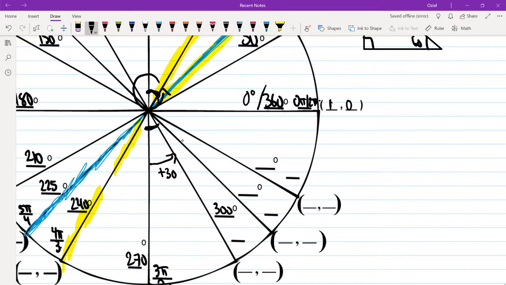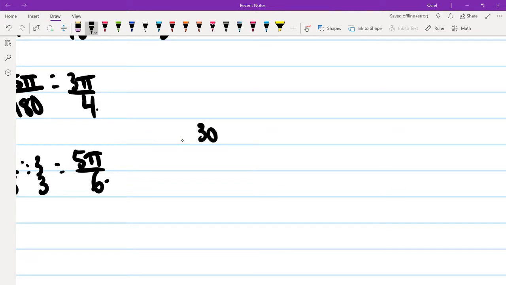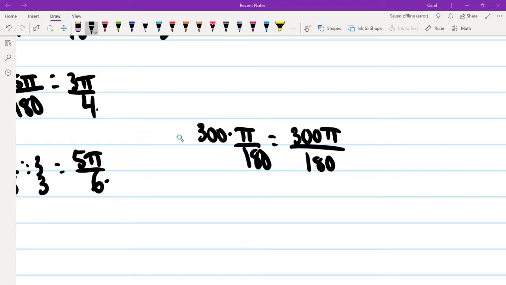And then 300 in terms of radians would get 300 pi over 180. You would cross this out and you would get 30 pi over 18. And you would divide it by 6, so you would have 5 pi over 3.